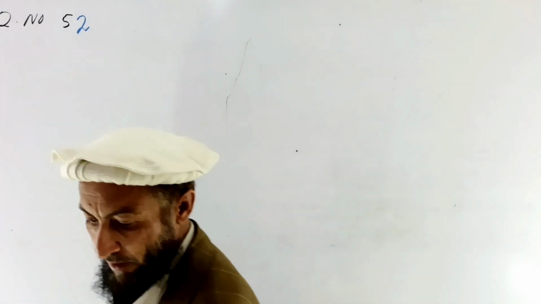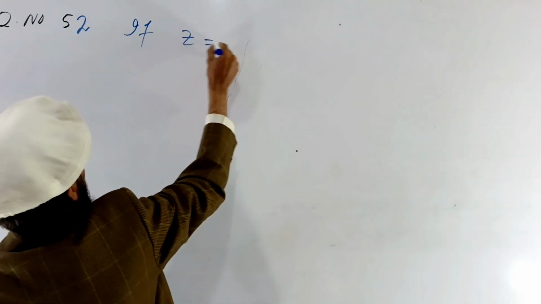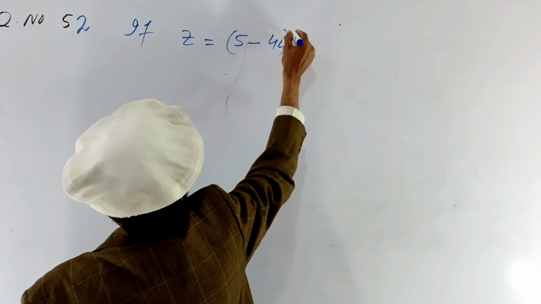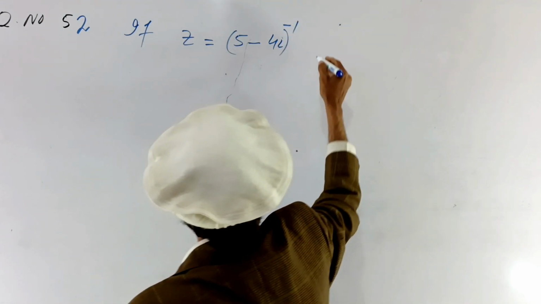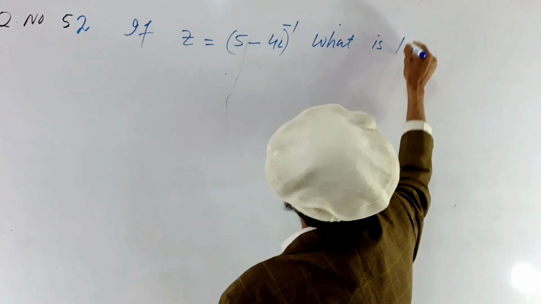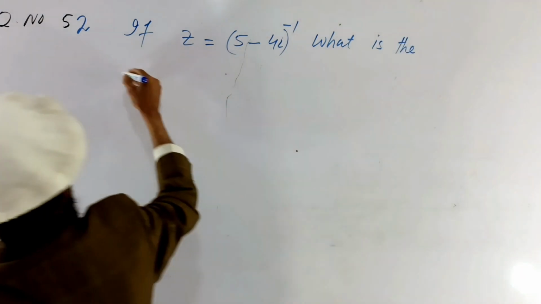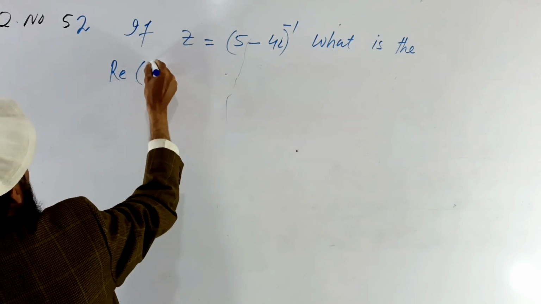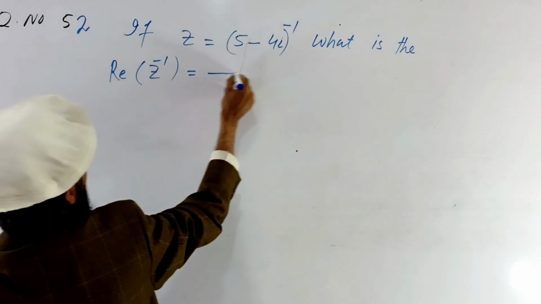Question 22. Z is equal to 5 minus 4 iota whole power minus 1. What is the real part of z inverse?